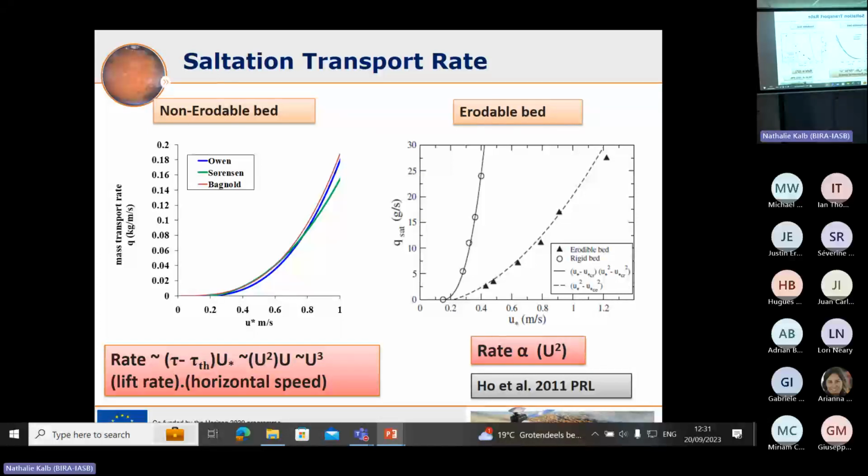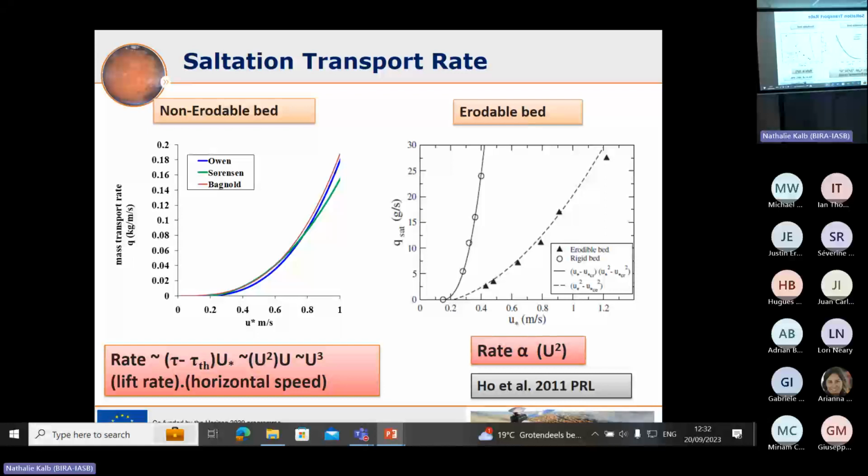This parameter U star is a kind of fake wind speed related to the force on the surface, the stress on the surface. And it usually is a factor of 10 or 100 lower than the actual wind speed, because it's some kind of fake parameter.